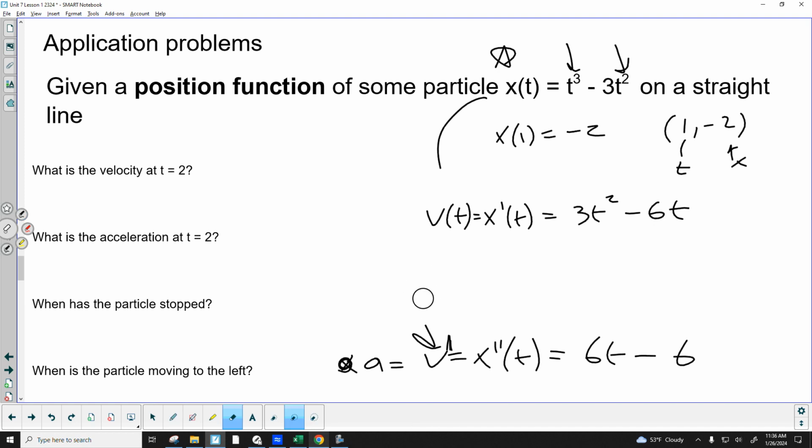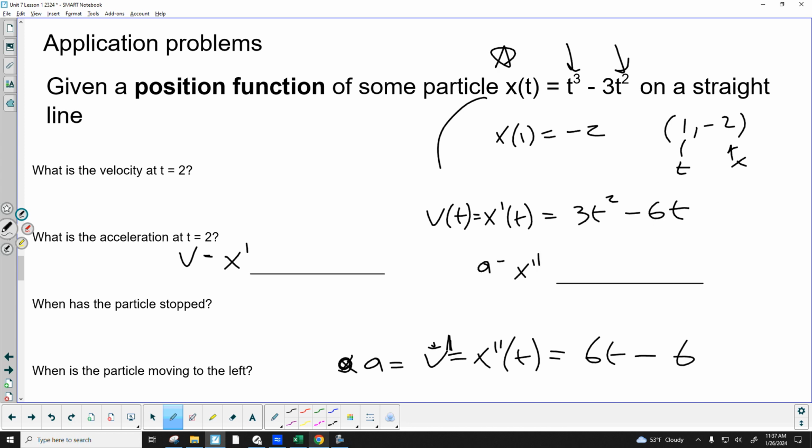So, how do we create sign analysis? Because we're going to have to. How could I create an x prime sign analysis, which is a v sign analysis? How can I create an x double prime sign analysis, which is an a sign analysis? What do I do to create a sign analysis?